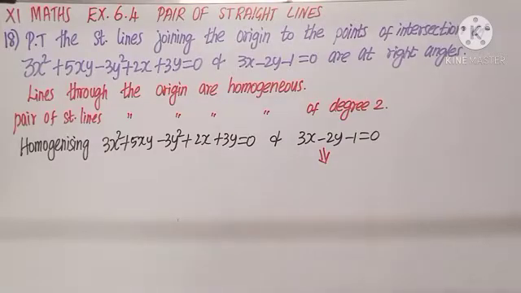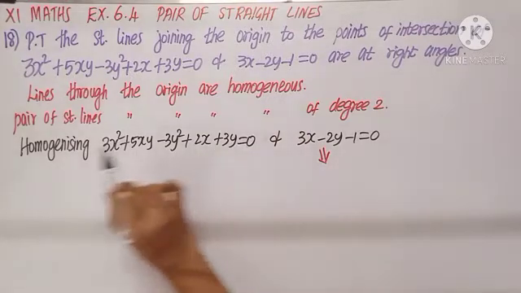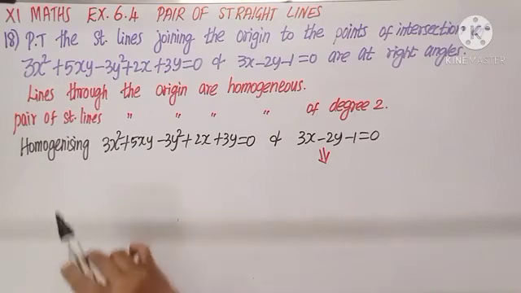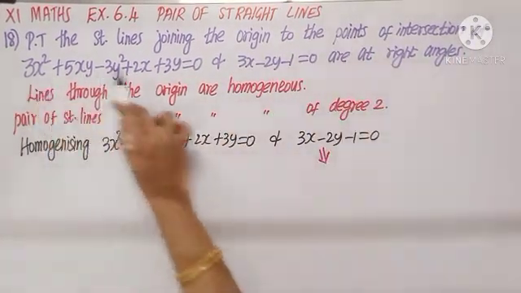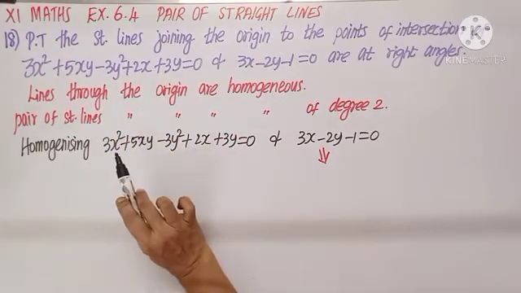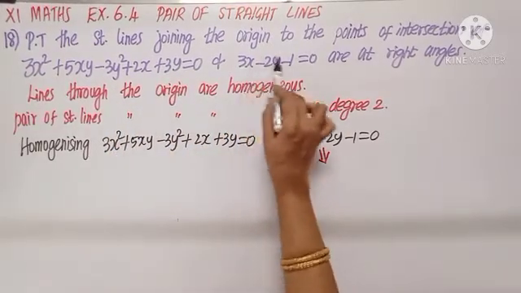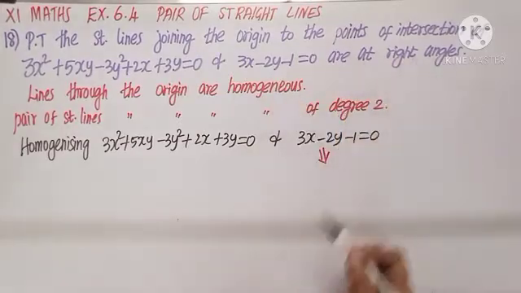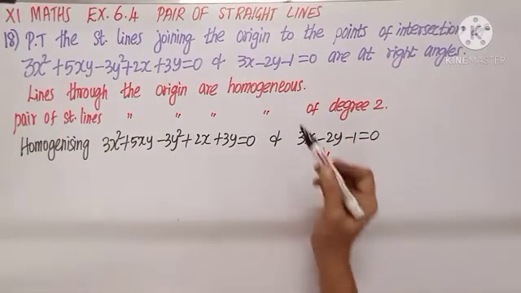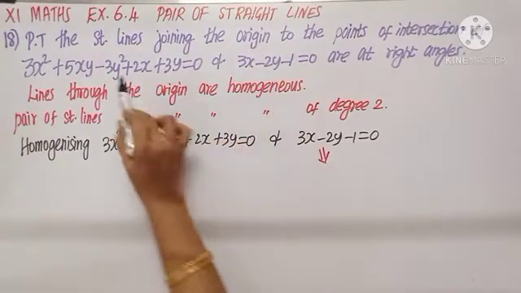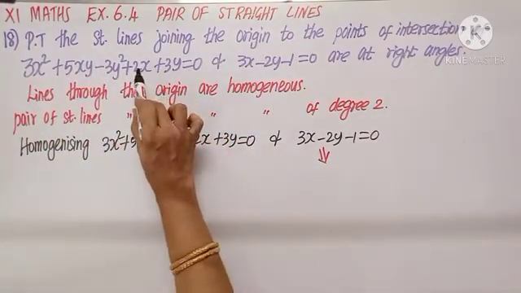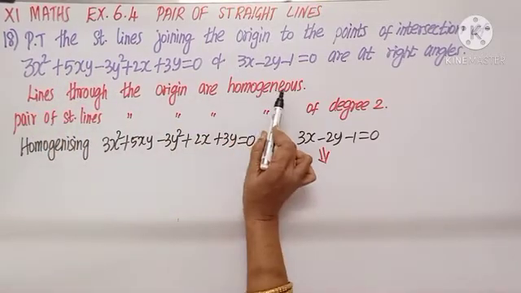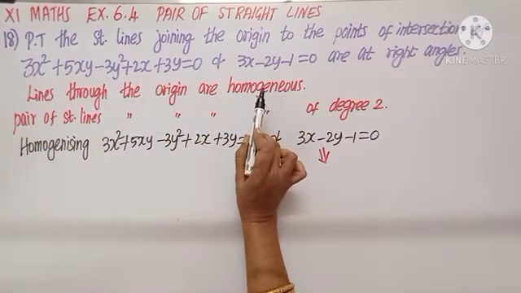Question number 18, we are learning a new technique, say homogenizing. Straight lines joining the origin to the points of intersection of a pair of lines and a linear equation are at right angles. Given from the origin, see there is no constant here. So we try to make it homogeneous, that is, having the same degree.